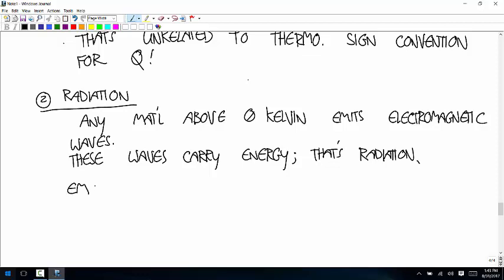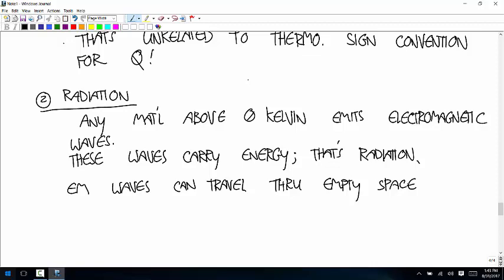Electromagnetic waves can travel through empty space, so radiation doesn't need a medium to travel through.